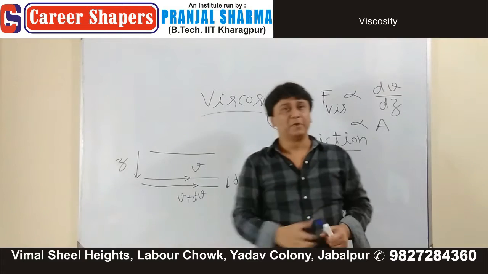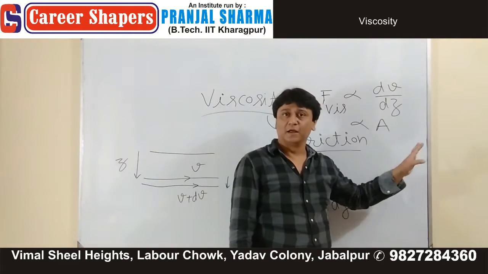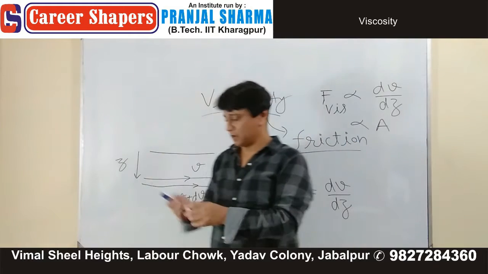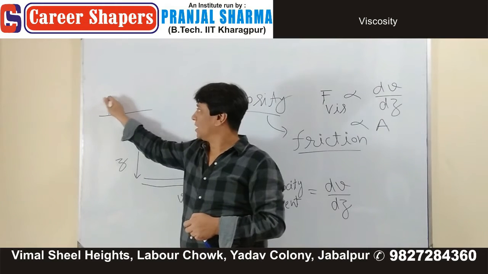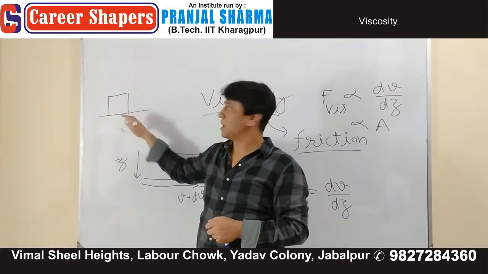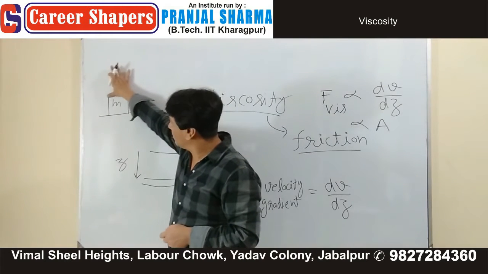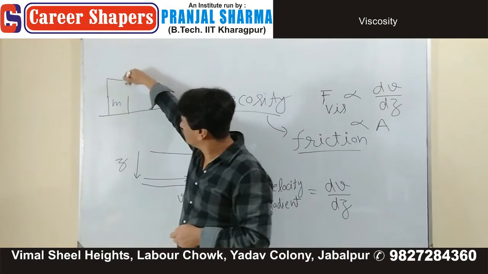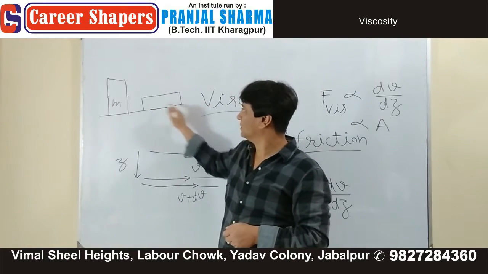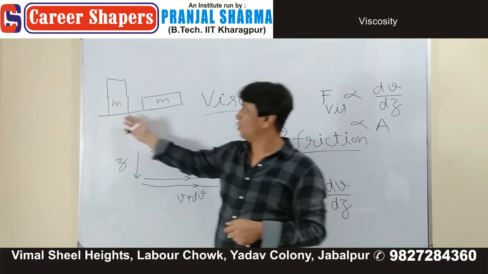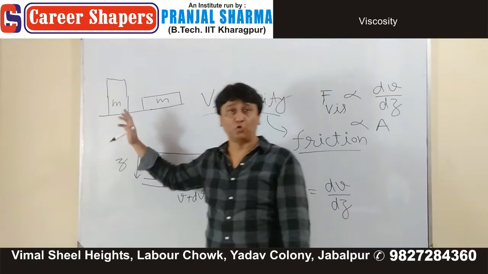If you go really deep, this doesn't depend on A either, but let's see here how it does. If you have a block and you place it like this, let me draw a lengthier block, or you place it like this, we used to say that in both cases friction is the same, because friction has nothing to do with surface area.